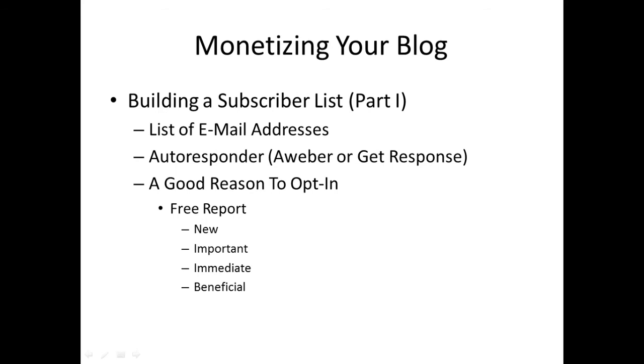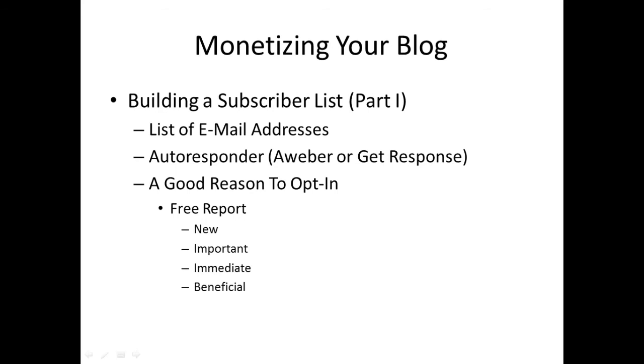Now, there are several ways to monetize a list, but one of the ways you want to think about this is that when you have a list of names and email addresses, every time you create new content, you can send thousands of subscribers to see your actual post and to react to it.